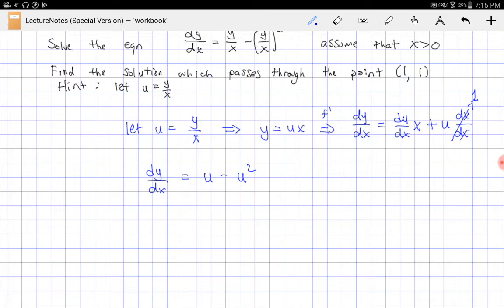So we have dy over dx equals du over dx times x plus u.